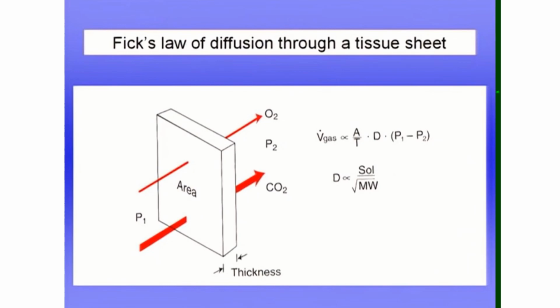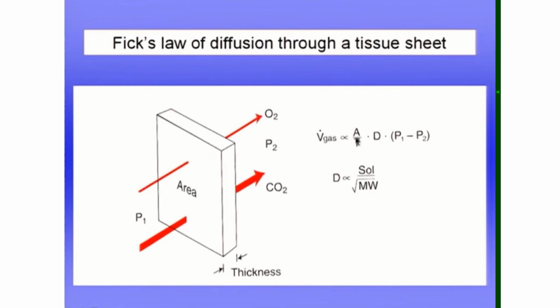I like to think of something like a postage stamp as what a tissue sheet might be. And it says that the volume of gas per minute, per unit time, crossing the sheet is proportional to the area of the sheet. Well, that makes sense, because the larger the area, the more opportunity the gas has to get into the sheet and move across it.